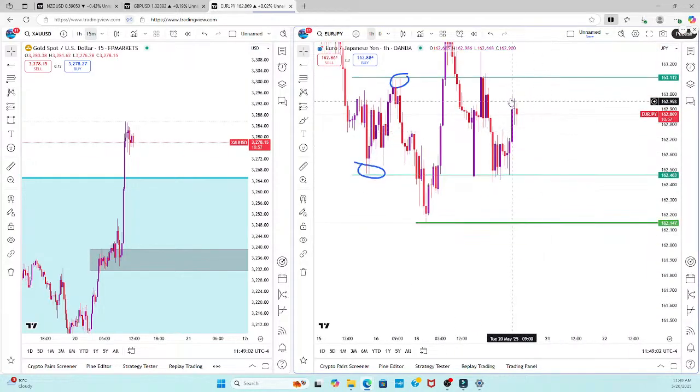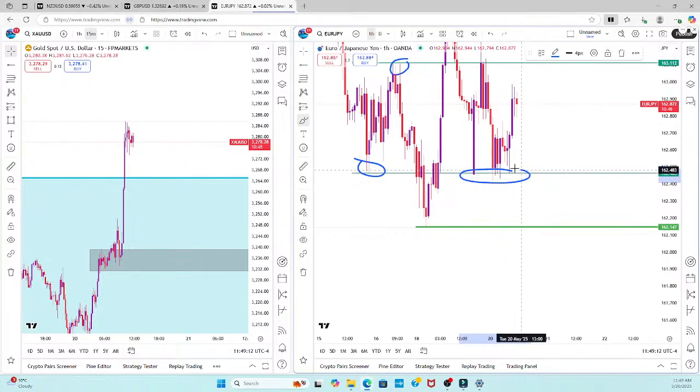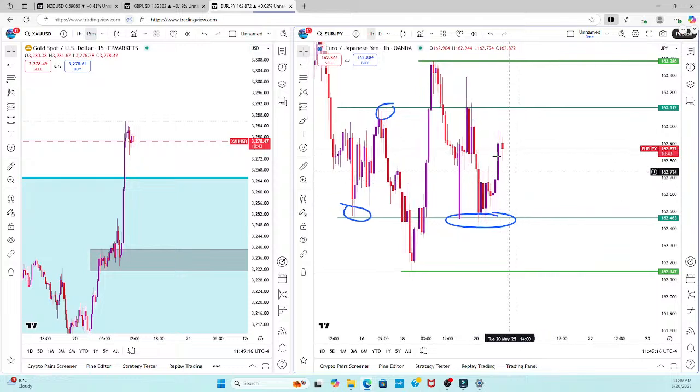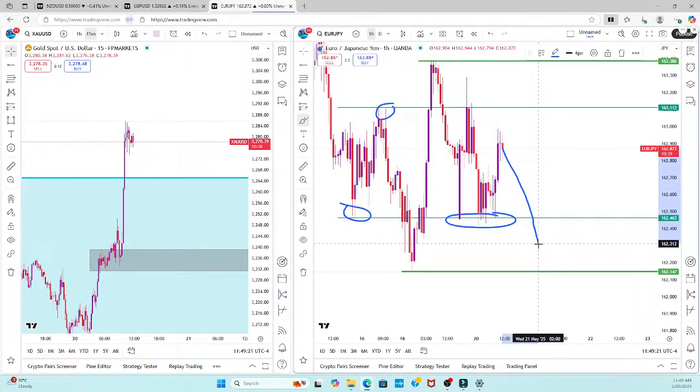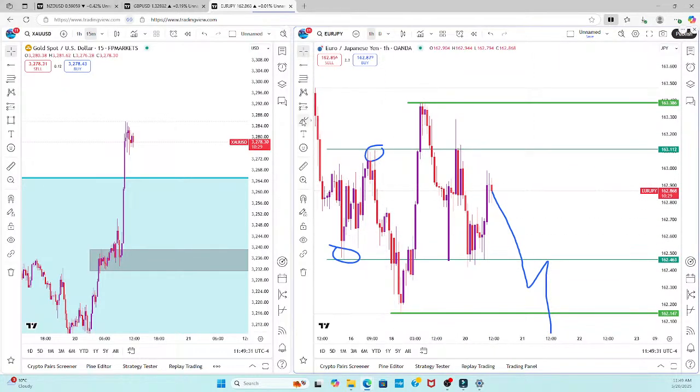However, if it doesn't break it, then it's going to go down. For the price to go down, this current low needs to get broken. So the price is in the middle, and one of two things can happen. Either it's going to sell off to break this low and continue heading down, or the price is going to push up to break this high and continue heading higher.